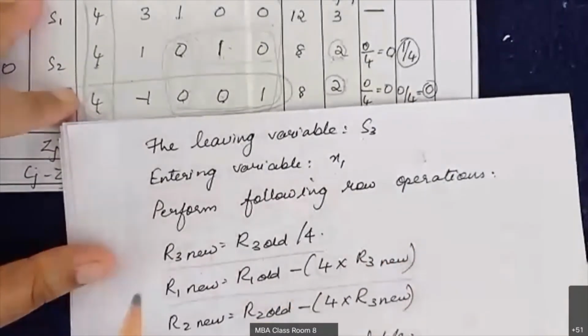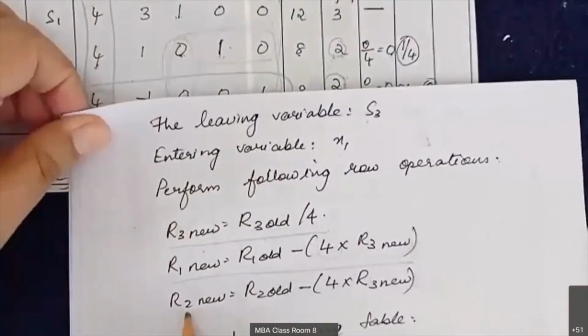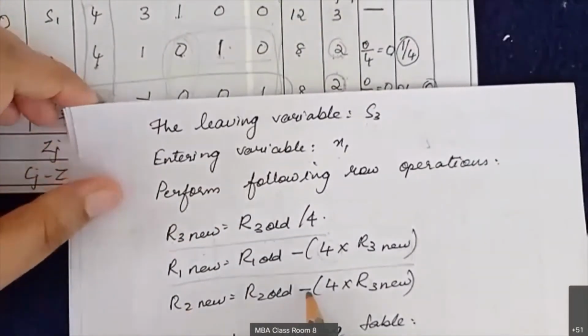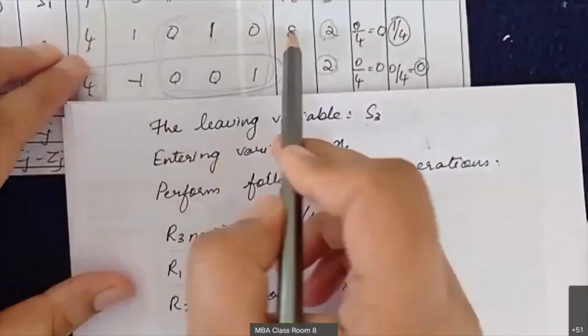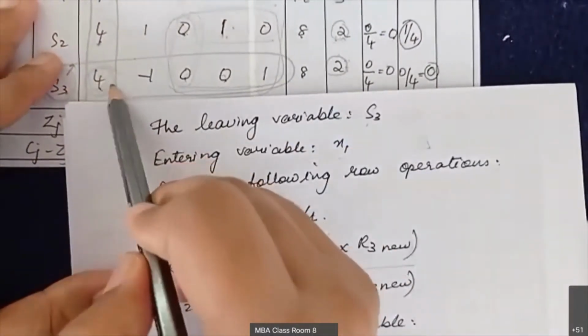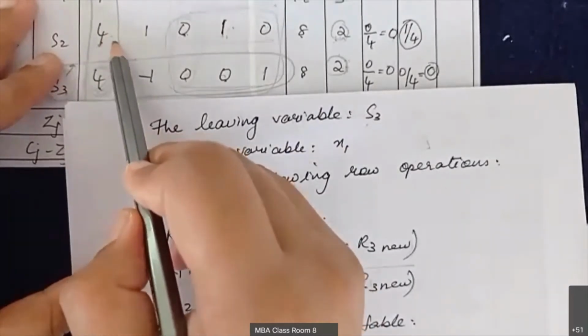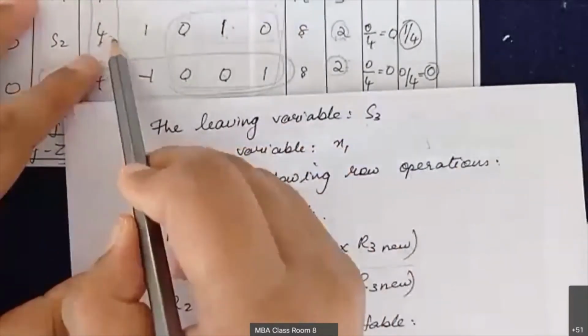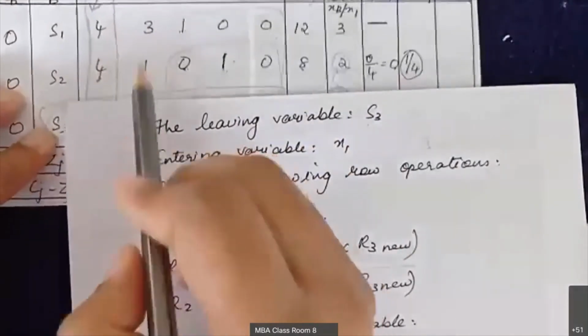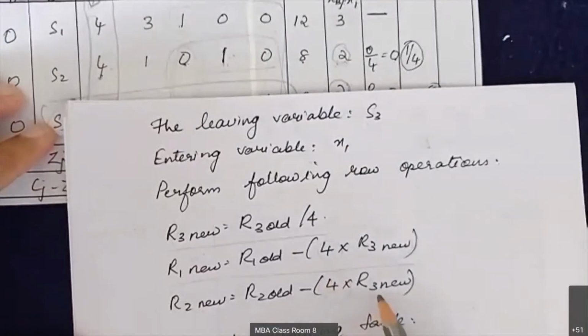Similarly, I have to change the second row also. For that I have R2 new is equal to R2 old minus. When I'm considering the second row, what is the element that is above or below the key element? Key element is 4. The element above the key element is 4. So here it is 4. So I'm writing over here also 4 multiplied by R3 new.